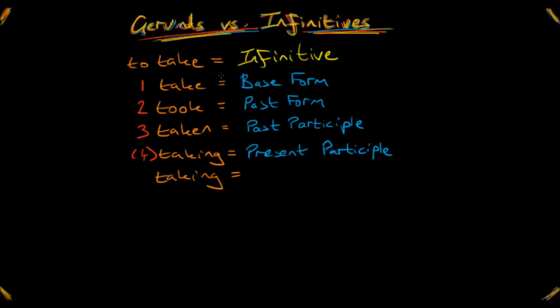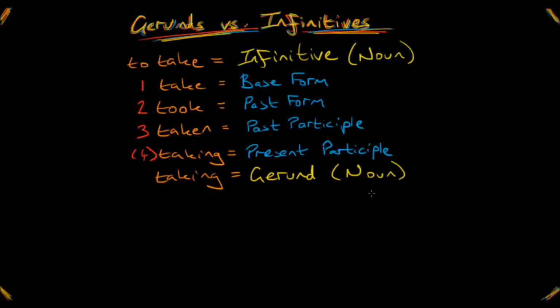So whether that's to run, to walk, to think, to listen, to write, you get the idea. And taking down here, that's what we call a gerund. And I want to remind you at this point, something that we've looked at briefly before. Infinitives and gerunds are not verbs. They are nouns.